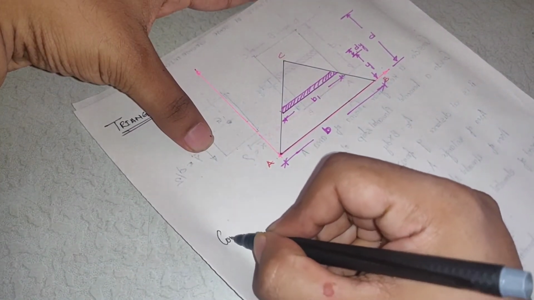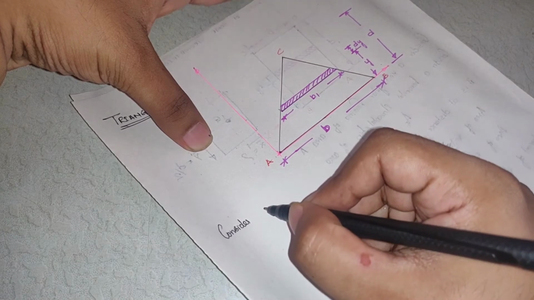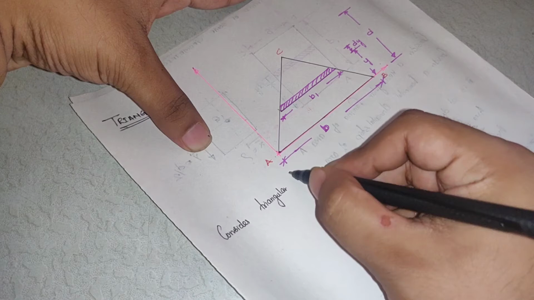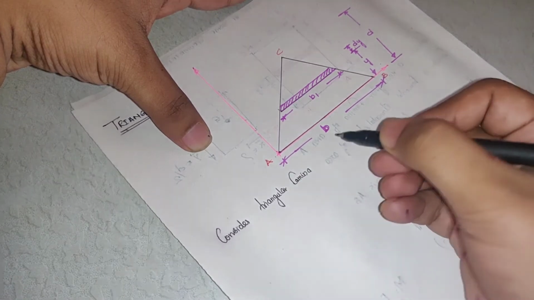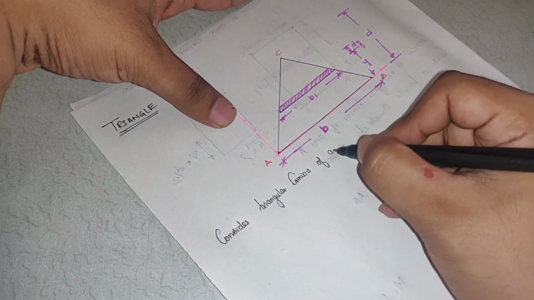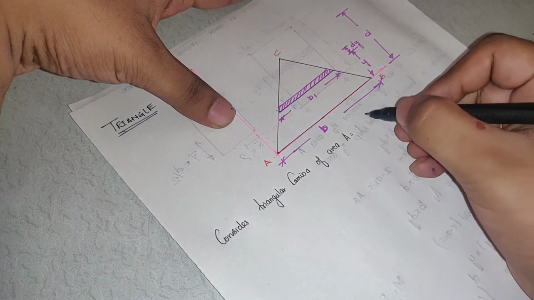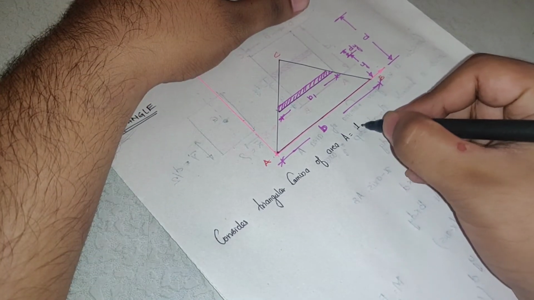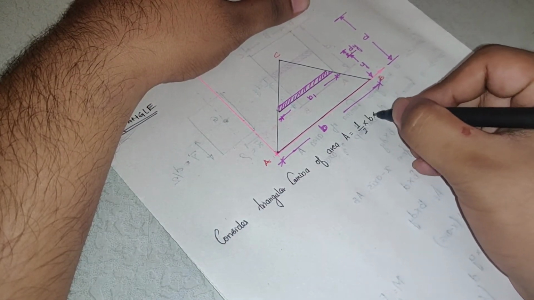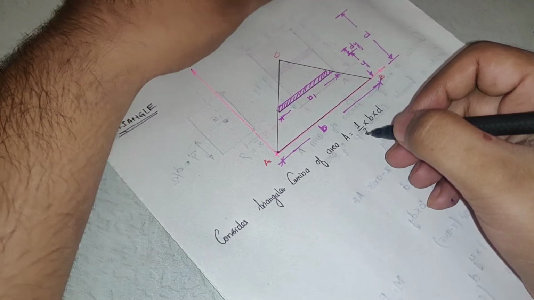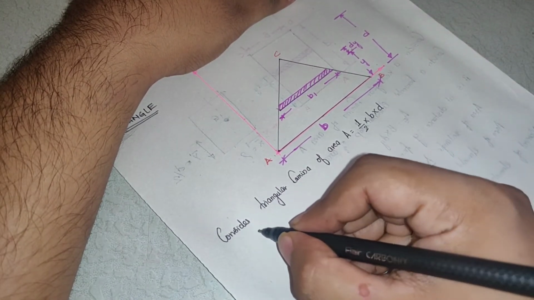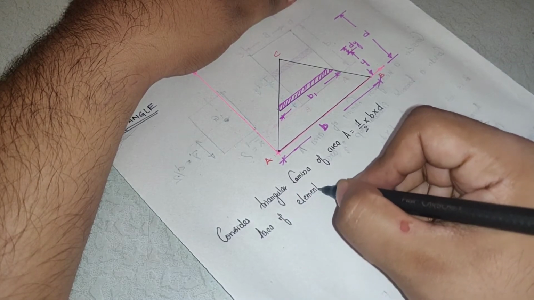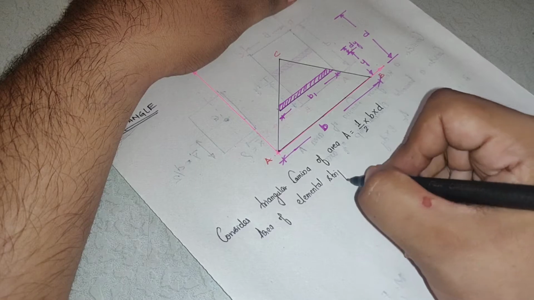Now moving on to the calculation part. Again I'll consider the triangular lamina of area capital A, which is half base B into height D. Now what is the area of the elemental strip?